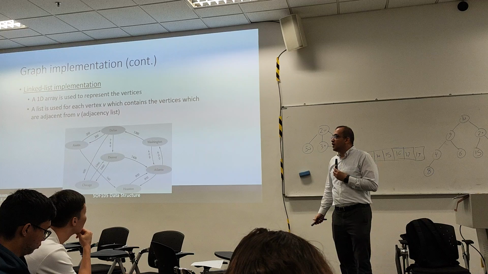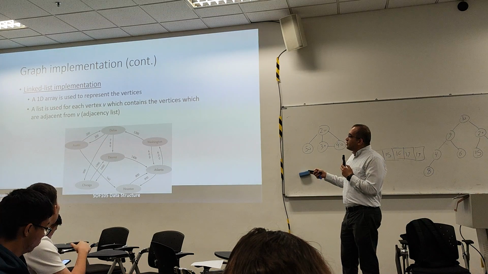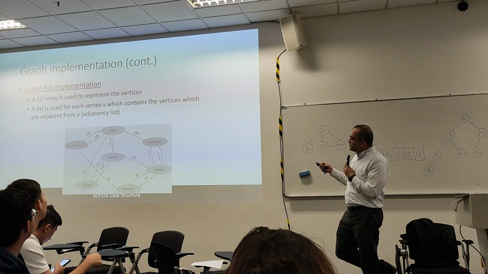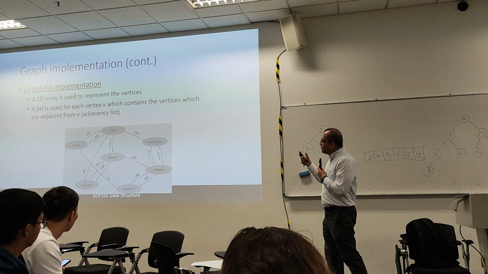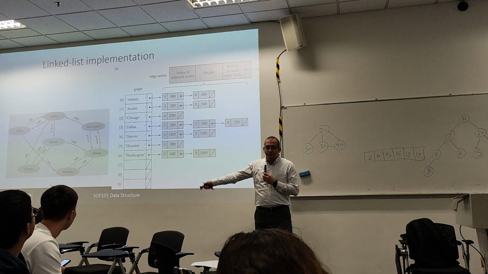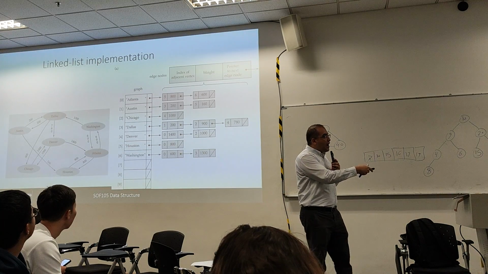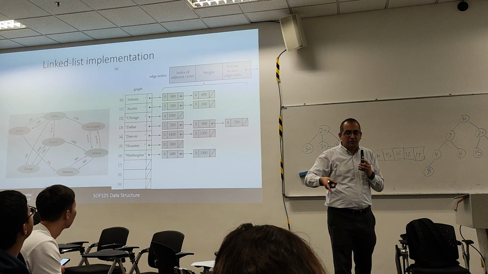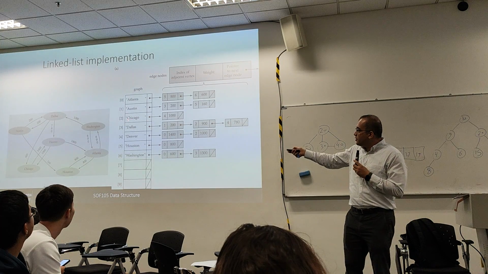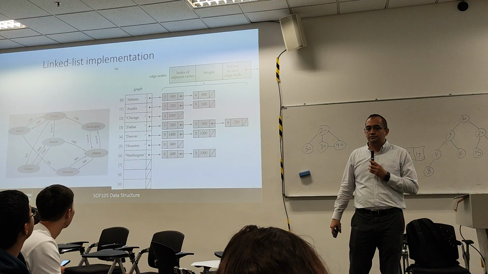And see, this is how. A list is used for each vertex V, which contains the vertices which are adjacent from V, right? And it will look like this. So same graph. I have the same one-dimensional array, but actually every location inside it is what?